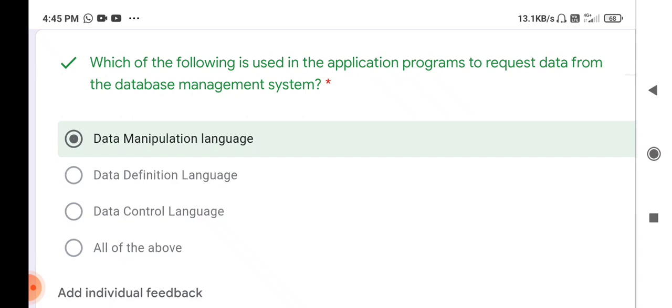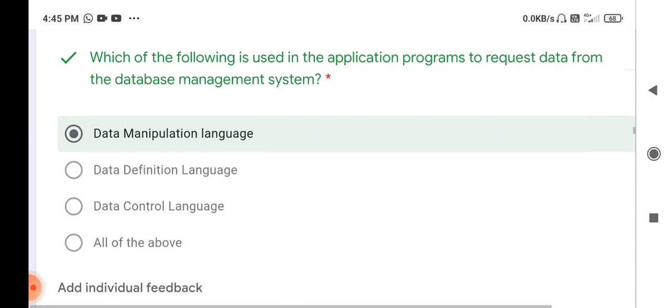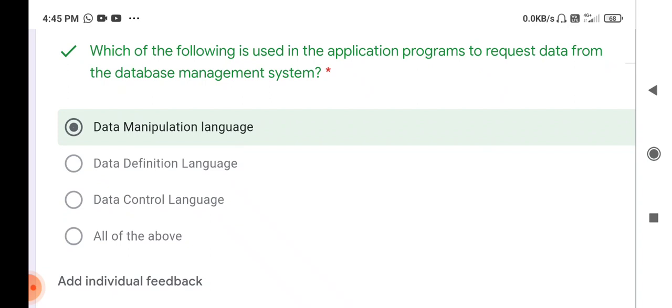Data definition language is applied directly on the database, like create database. Data control language means rollback, commit, all transaction commands. So to request data from the database, you should use data manipulation language.